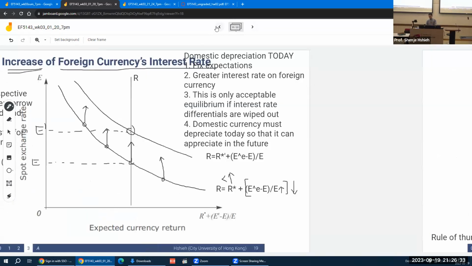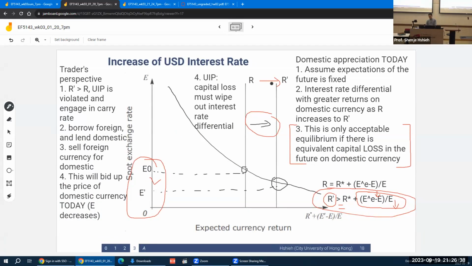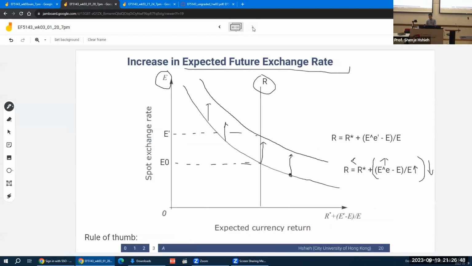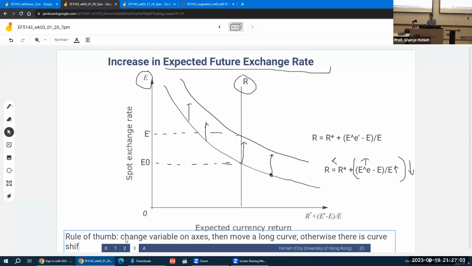Just like this example here, I'm just changing R, so I'm just moving along the curve. There's no curve shifting going on other than this vertical line, which is literally one number, not a relationship. So rule of thumb: change a variable on the axes, then move along the curve. Otherwise, there is curve shifting.